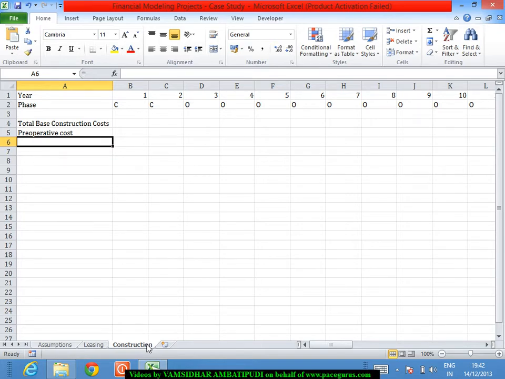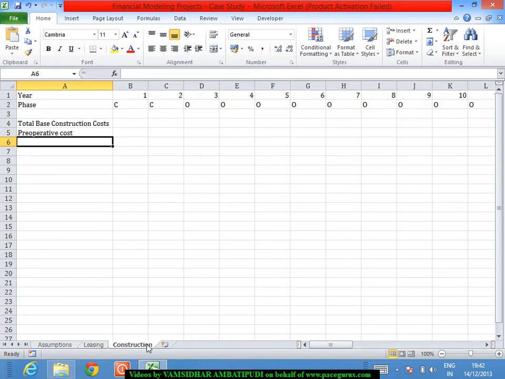So until those operations commence, we are incurring some kind of cost, which could be for employees or for some promotions, whatever operations costs we are incurring before the start of the operations phase. That is what we call pre-operations cost.